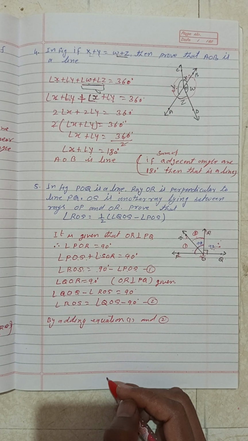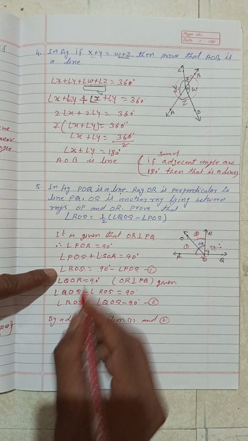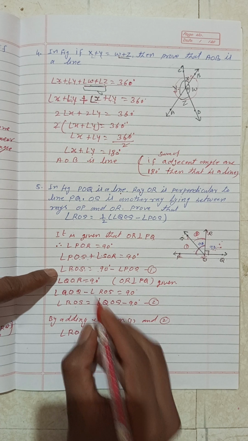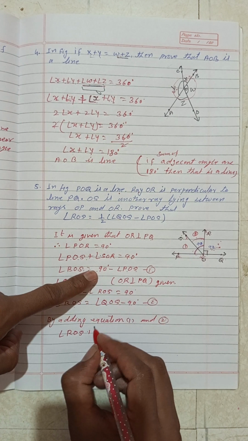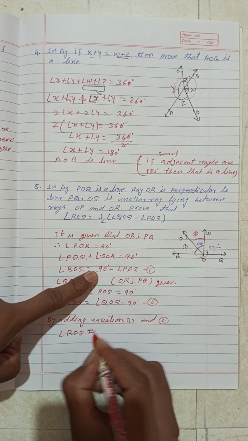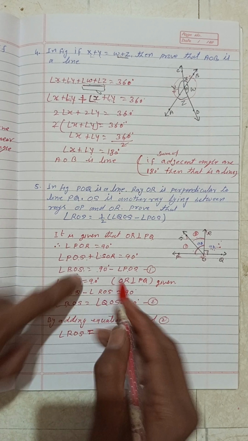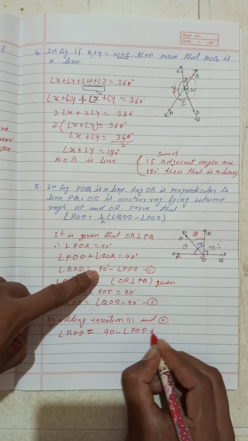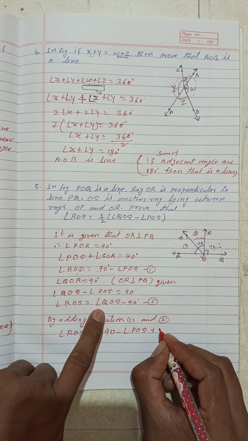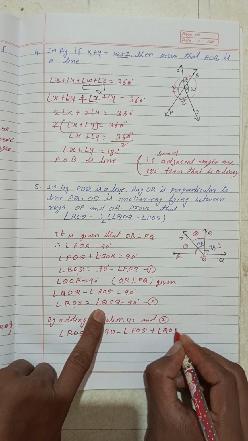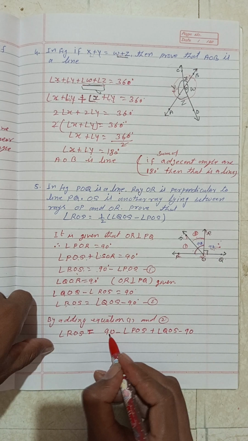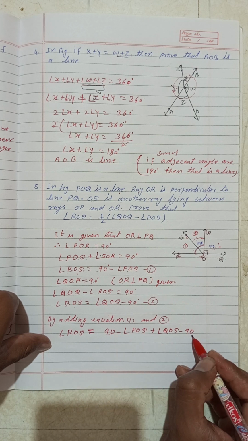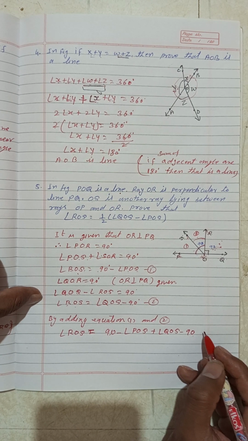If we add both equations, angle ROS plus ROS is equal to 90 minus angle POS plus angle QOS minus 90. The 90 is cancelled, because one is plus and one is minus.